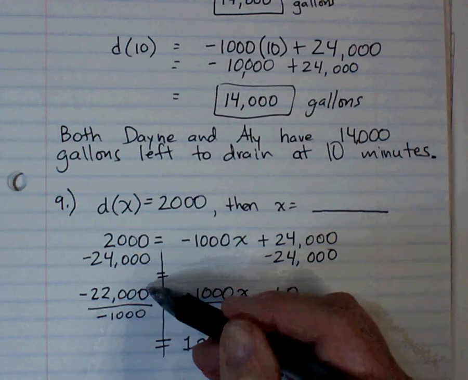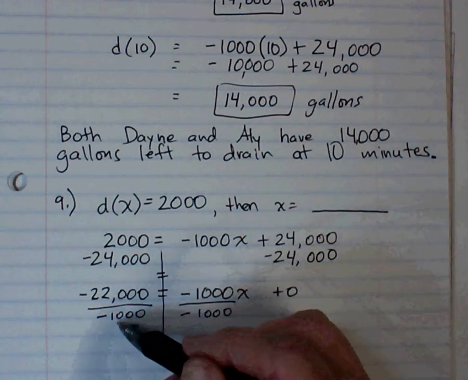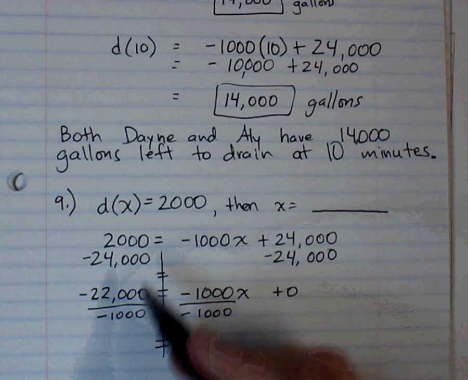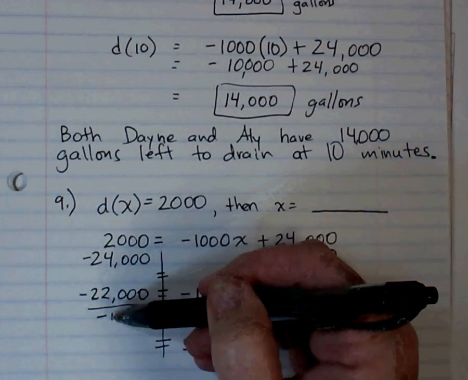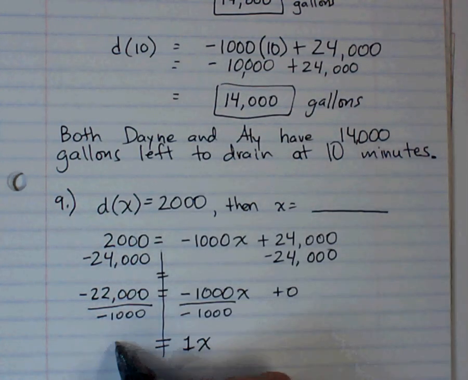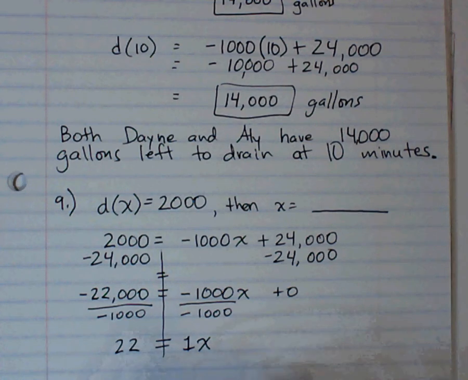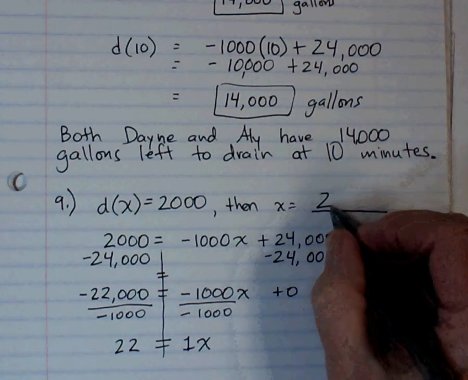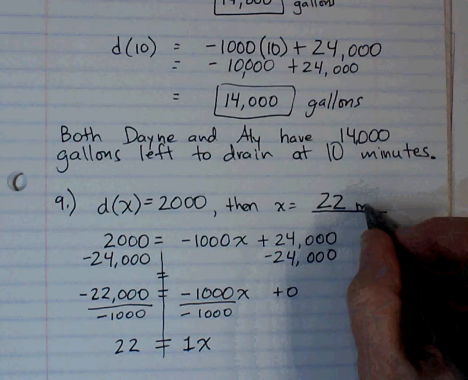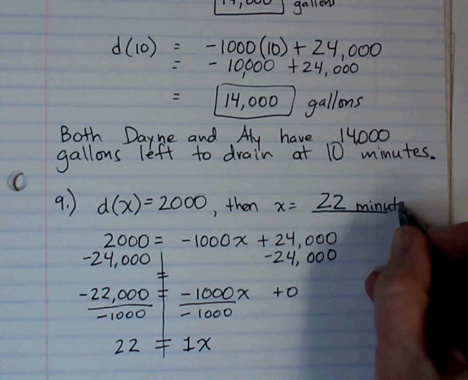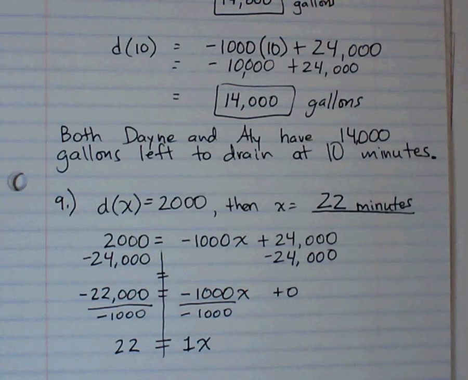Here, the 1,000 takes all these zeros away, basically, so we end up with negative 22 divided by negative 1, which is positive 22. So x is 22 minutes. I bet that's what you estimated from the graph. X is 22, and it's in minutes.